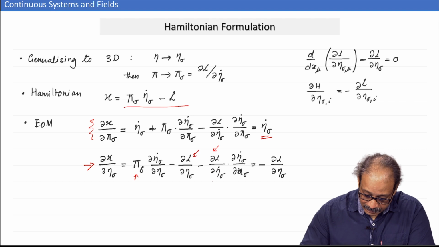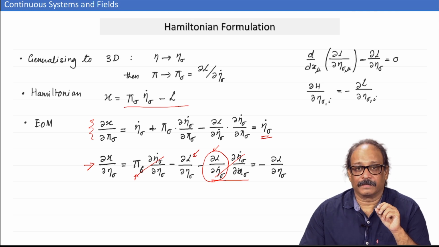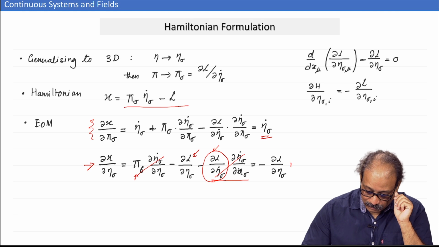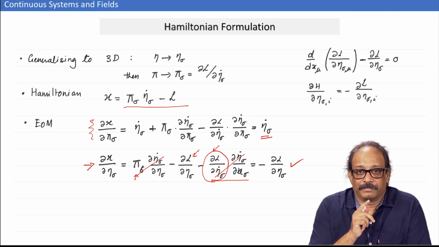Okay. So, I will write that term too, and then these two terms here, this one and this one, will cancel, because note that the partial derivative of L with respect to eta sigma dot is nothing but pi sigma. Okay. So, this also comes out neatly, but this is where the problem begins.